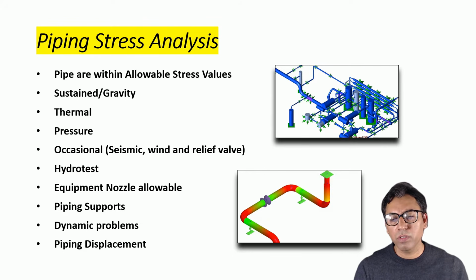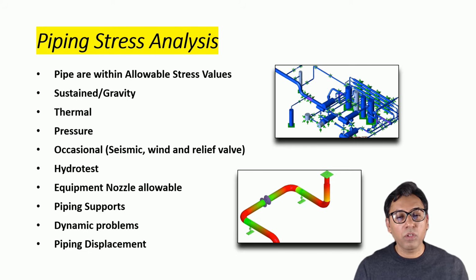It's hard to cover full piping stress analysis details in a few slides, but I will try to cover the main highlights at least. I will talk first about the stress analysis objectives, the inputs for stress analysis, and the outputs for stress analysis.